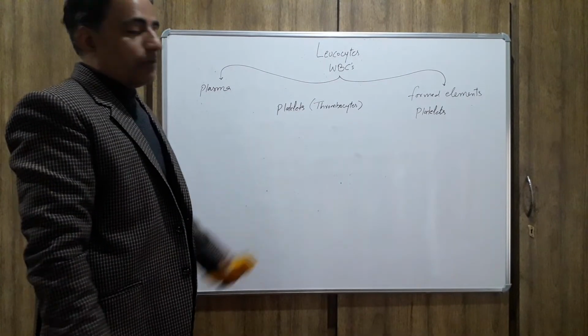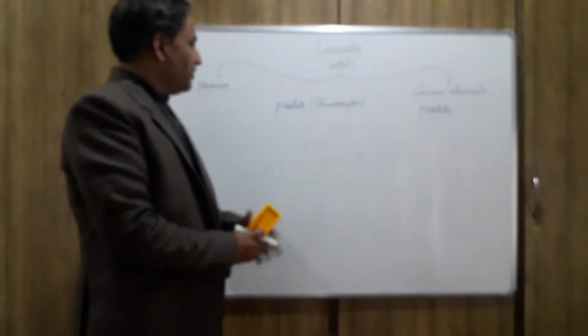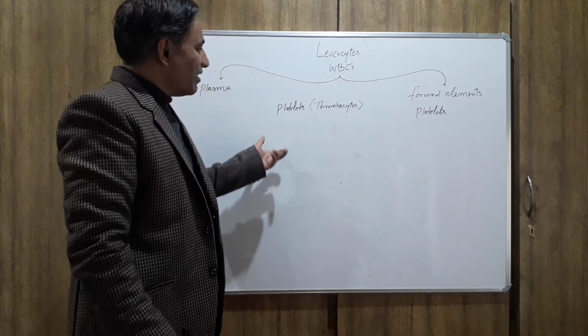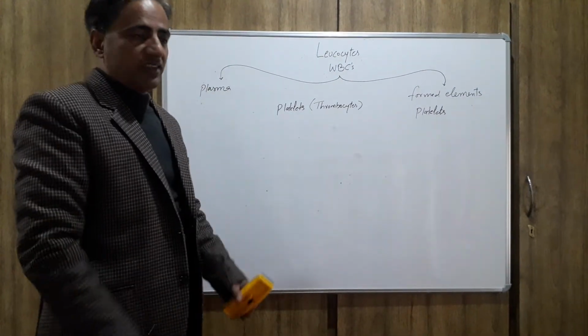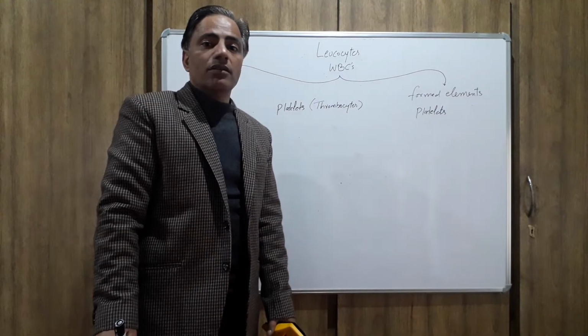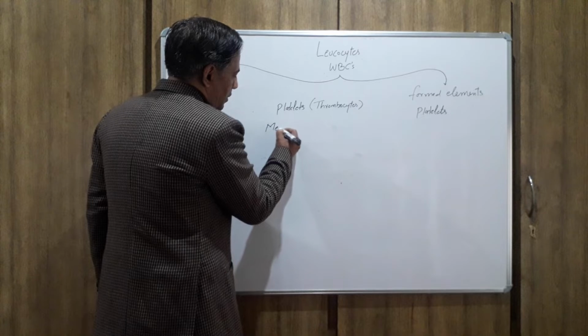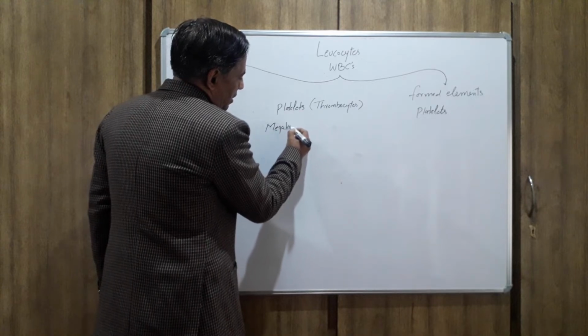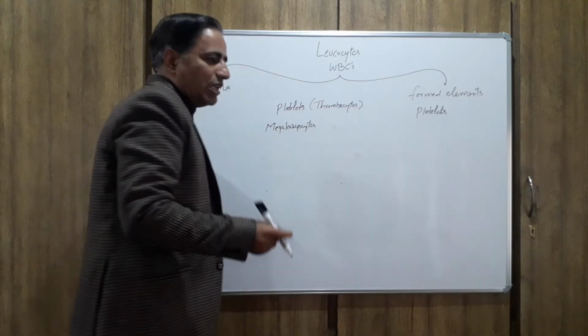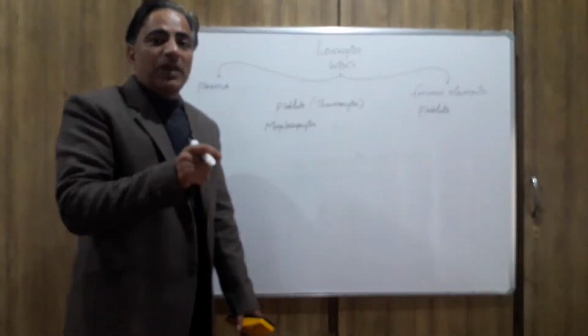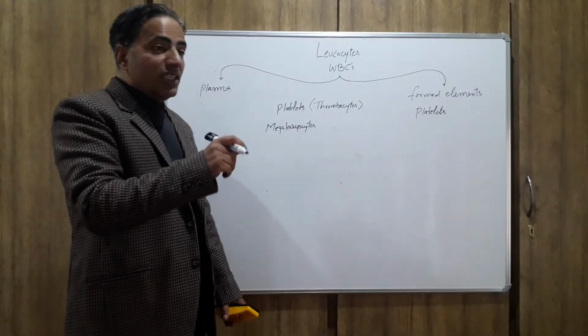These are actually cell fragments, which take birth from some special cells present within the bone marrow, called megakaryocytes. So the megakaryocytes are some special cells present within the bone marrow.